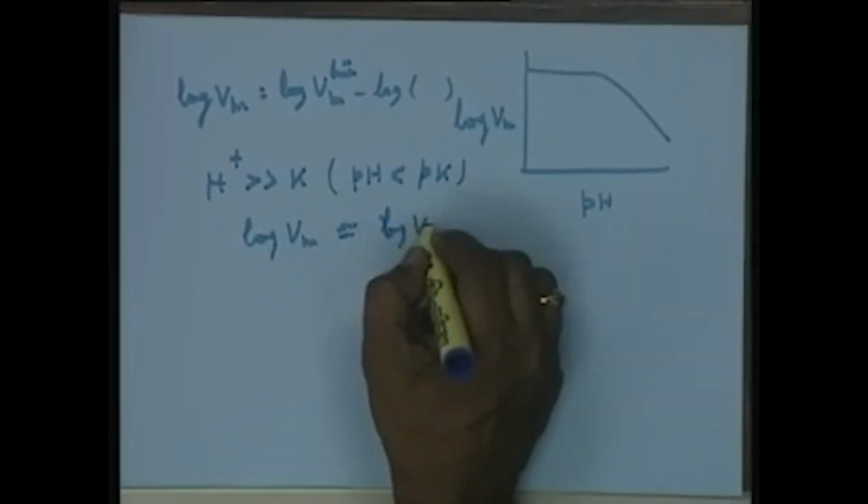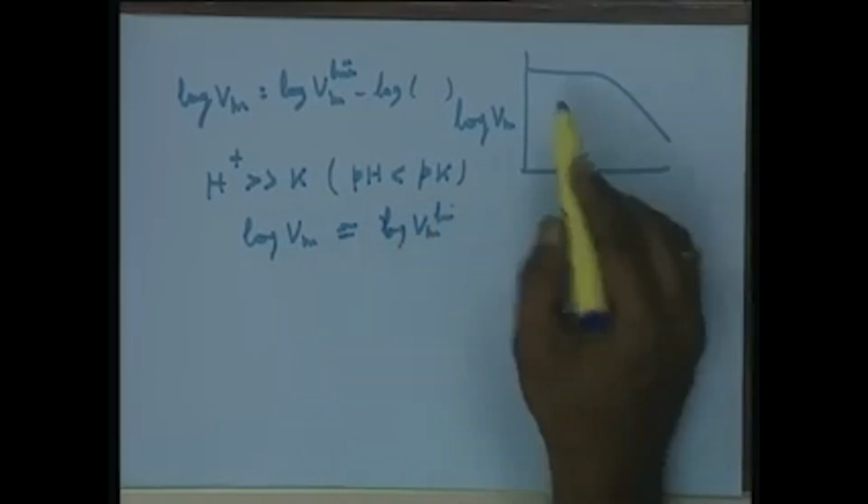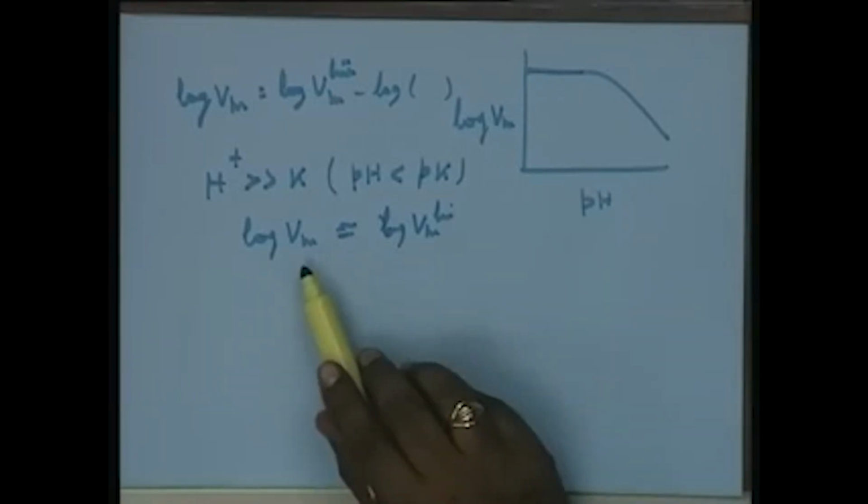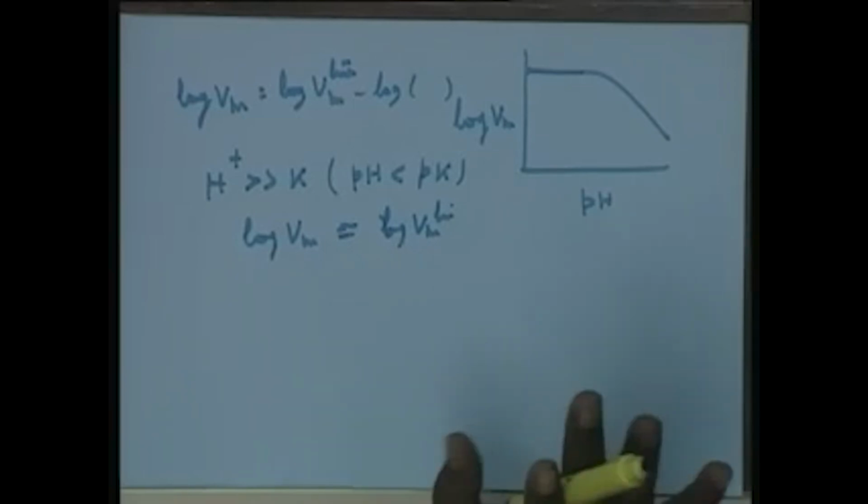log Vm true. That means it remains constant at a value of pH which is lower than the pK value of the ionizable residue. The Vm remains constant at its original value.